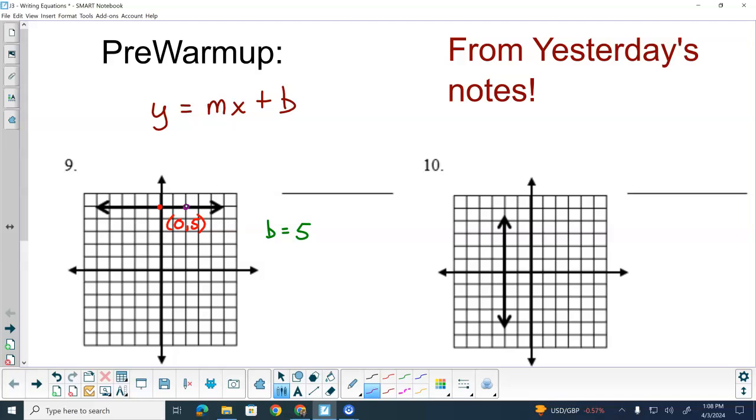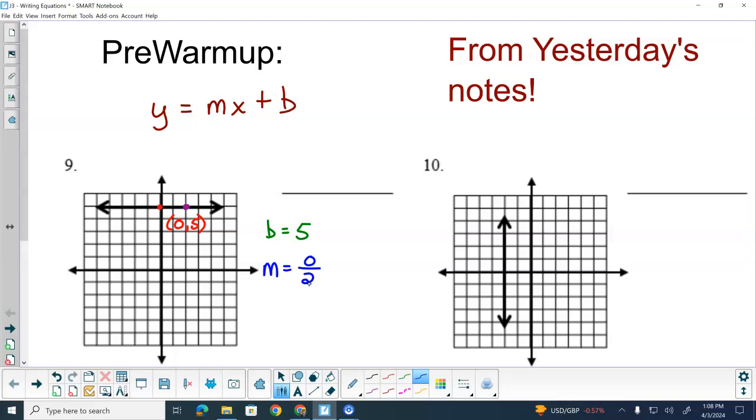So to go from red to purple, how much do I rise? 0. I rise 0. How much do I run? 2. Now, do I like 0 over 2?